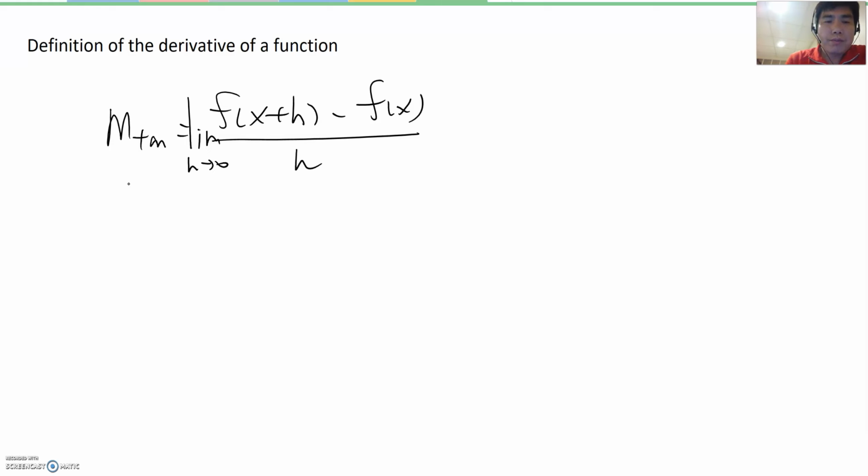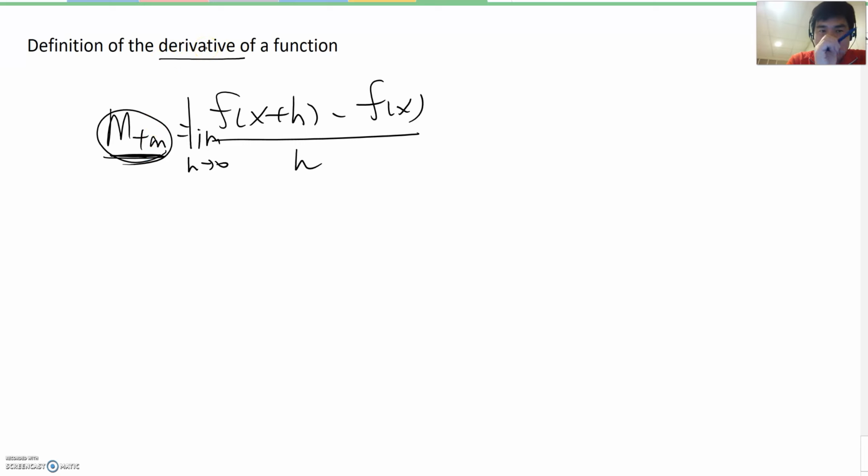But writing m tangent all the time is pretty much a hassle and complicated. So we want to simplify and make it a function form. Basically, the tangent line slope formula we are calling a derivative.